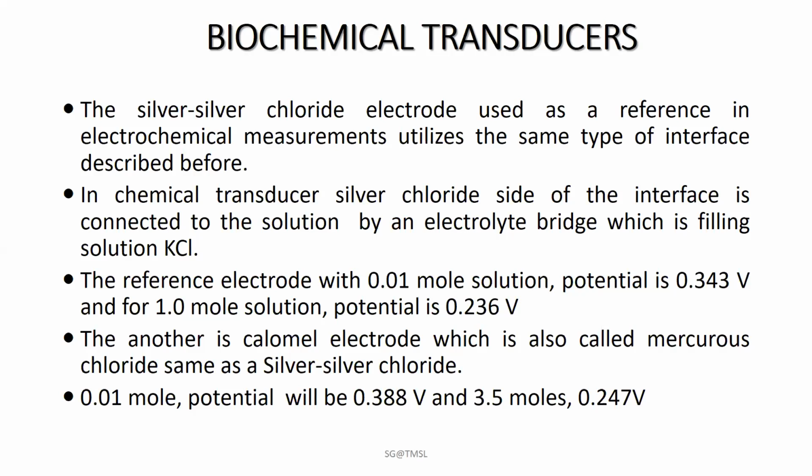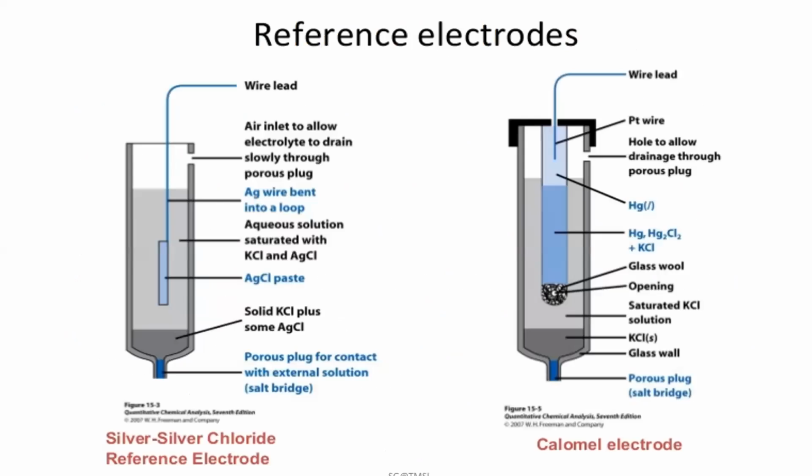Okay, another electrode is the calomel electrode. It is another name for mercurous chloride, a chemical combination of mercury and chloride ions. The interface between the mercury and mercurous chloride generates the electrode potential.